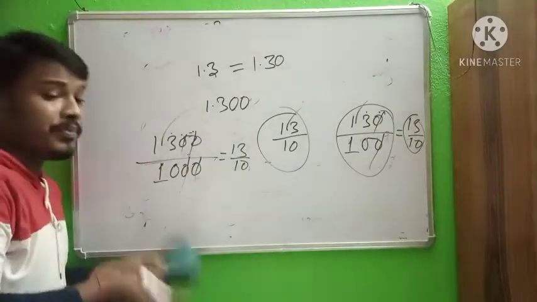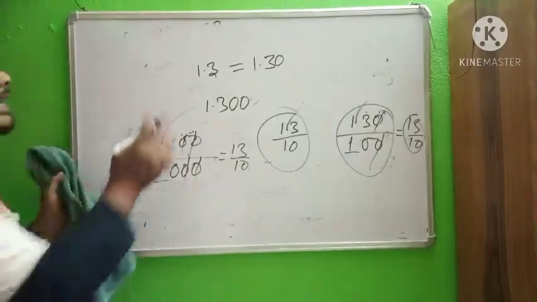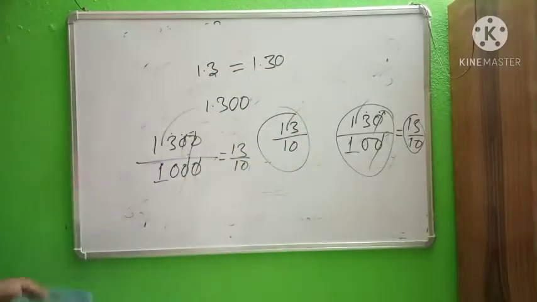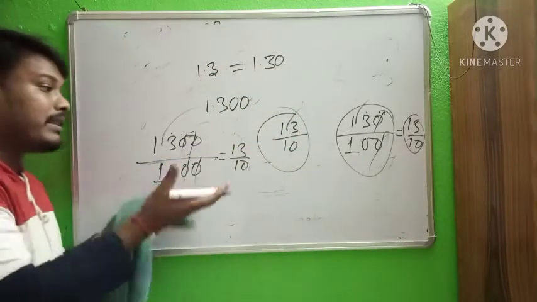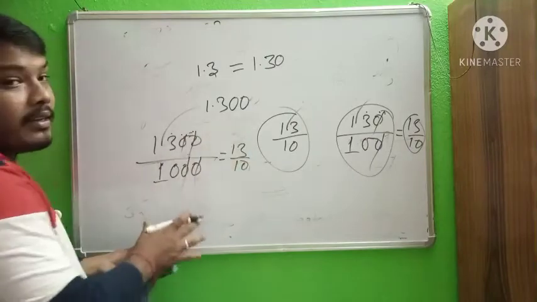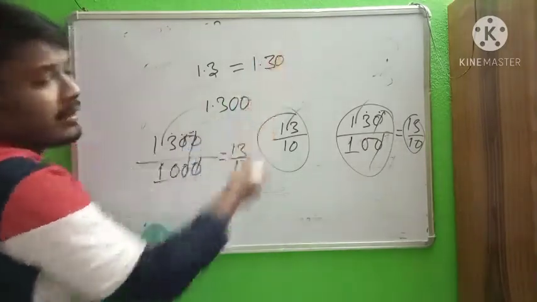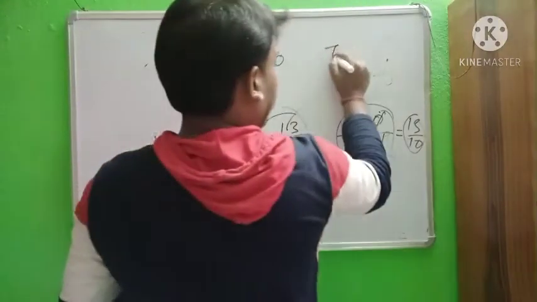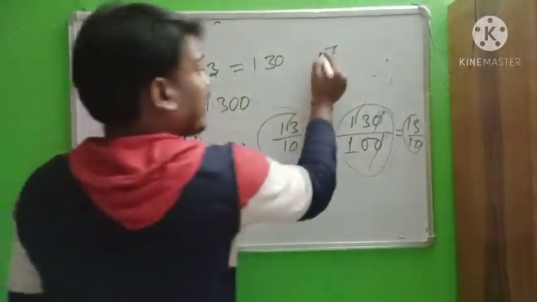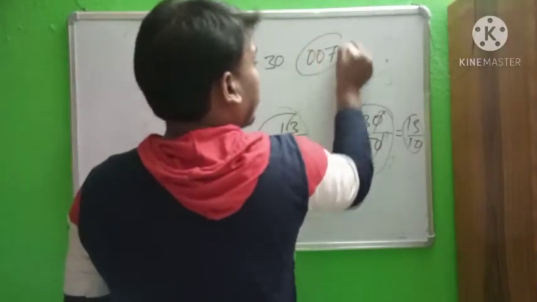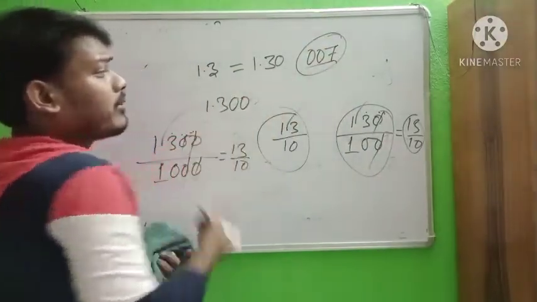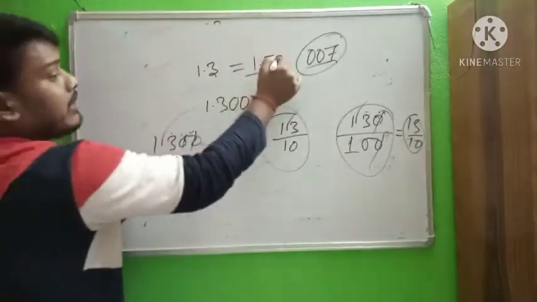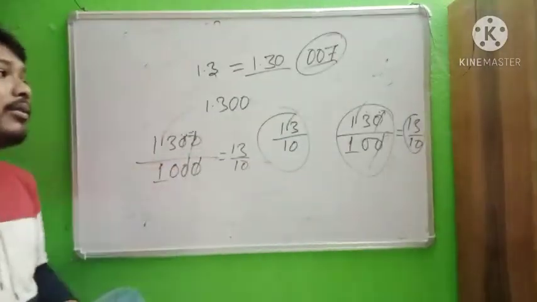So we conclude that if we add more zeros after the decimal part, then the value will be the same. In case of a whole number, if we put 0 before it, then the value is 7, so there is no change. And in case of a decimal, if we put 0 after the decimal part, then the value will not change.